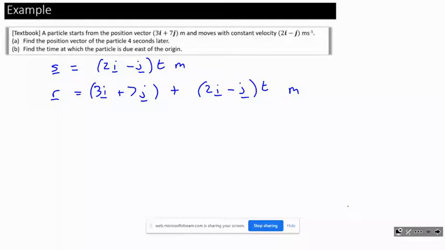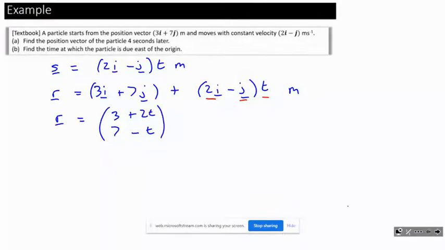So if we want to find our position after 4 seconds, let's do this as a column vector: 3 plus 2t, because we've got 2i multiplied by t. We've also got negative j multiplied by t. So we're going to have 7 j's, and then negative t j's.